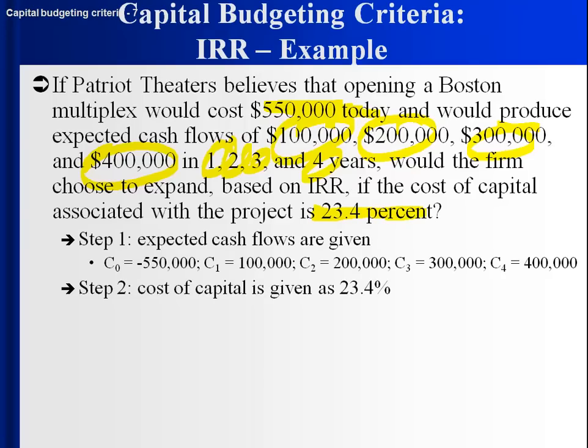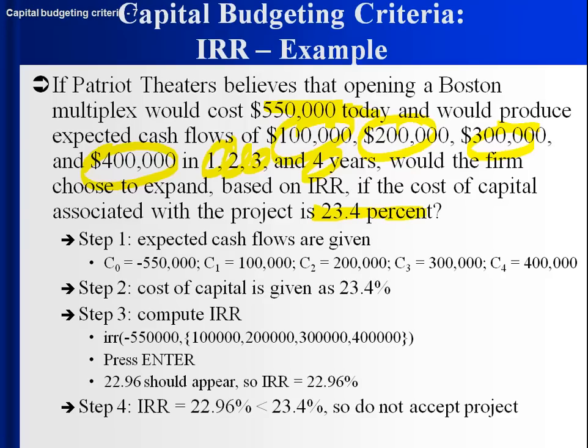So go ahead, you got the cash flows, you got your benchmark, put in 550,000. Then in year 1, year 2, year 3, and year 4, you have your cash flows. You hit enter, and notice the IRR is 22.96. In this case, the benchmark is 23.4, so we do not accept.